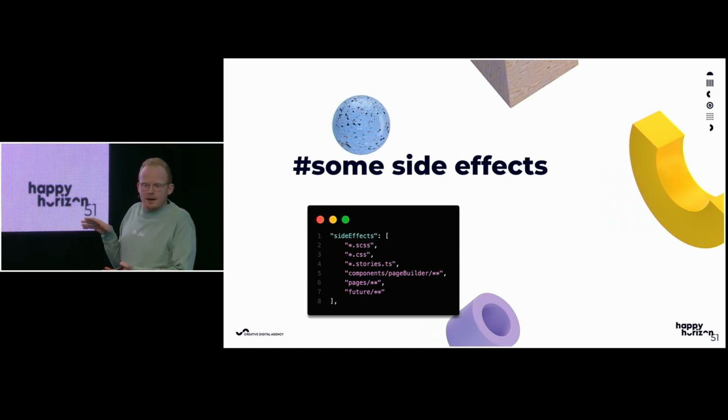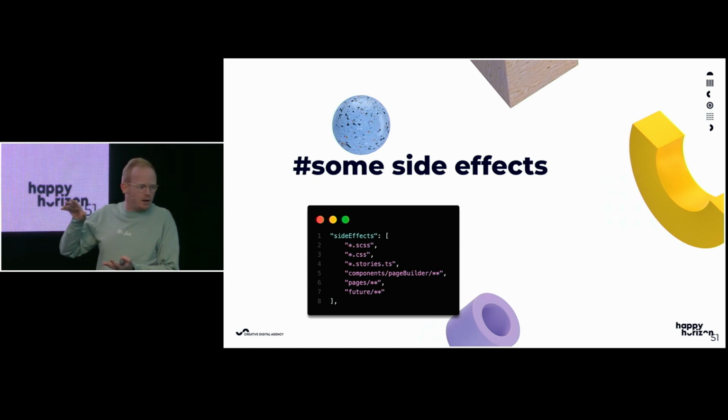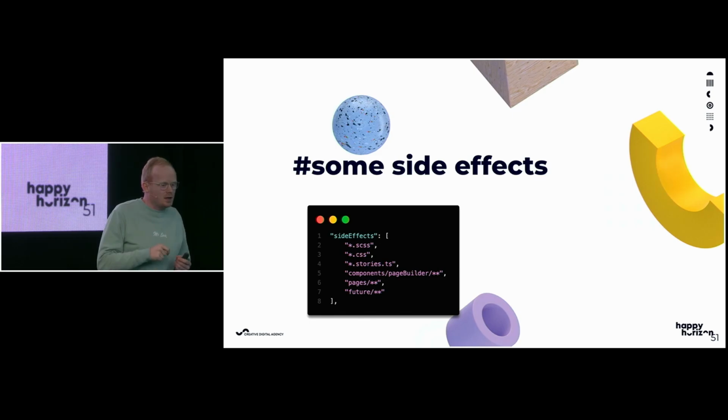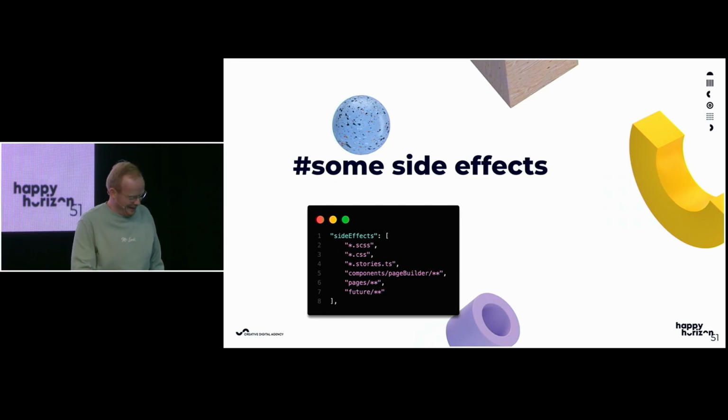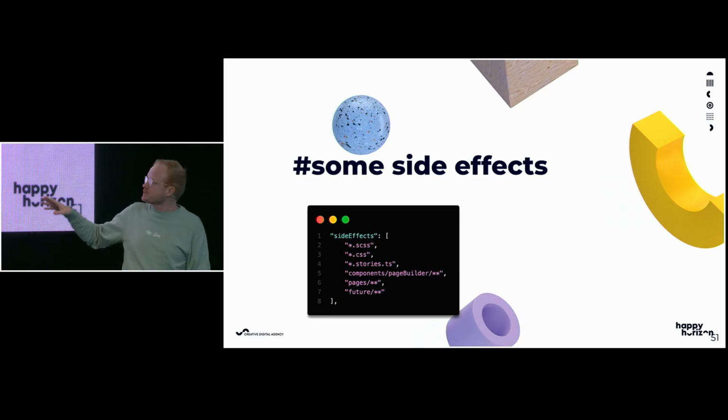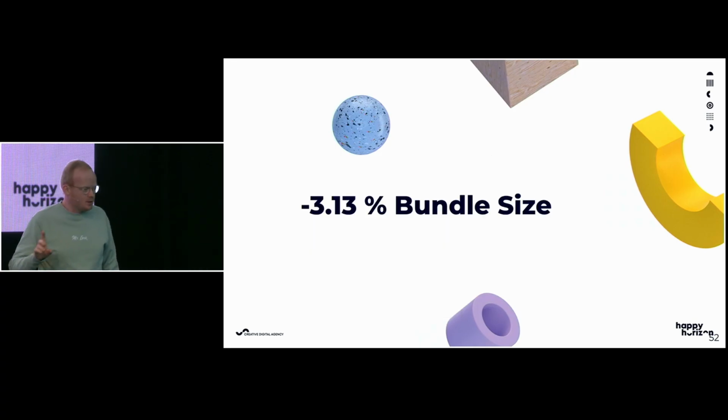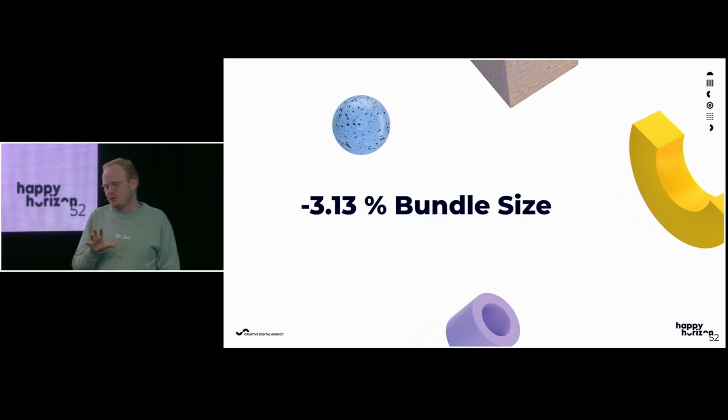So I found out that you could actually give an array for the side effects, in which you can say these files have side effects, which are mostly my styling files. That means you can actually apply the tree shaking correctly for your library. But it just reduced 3.1% of your bundle size.